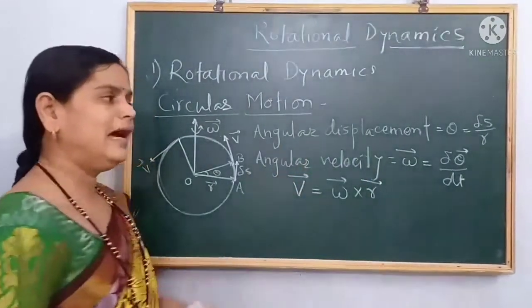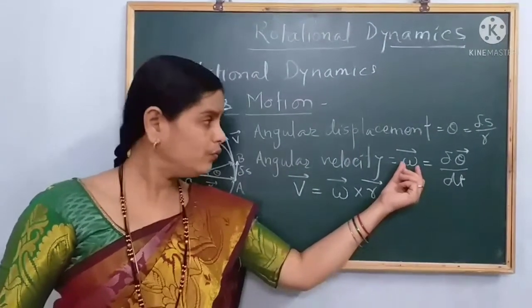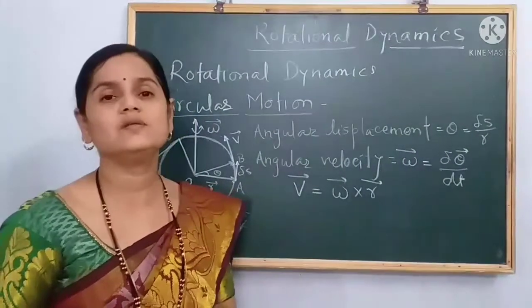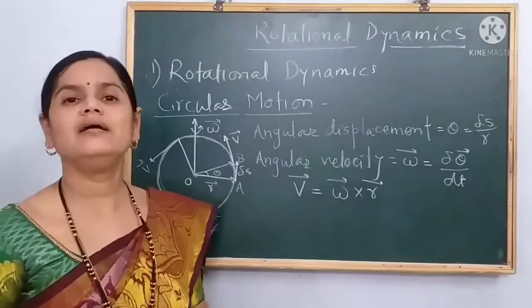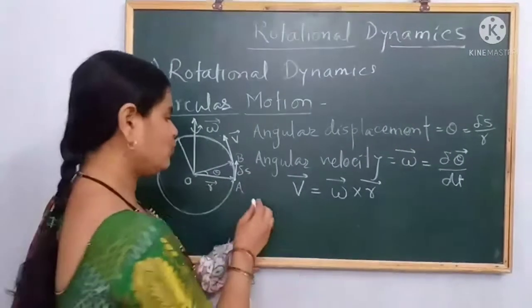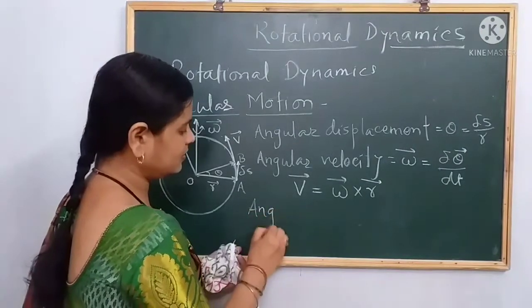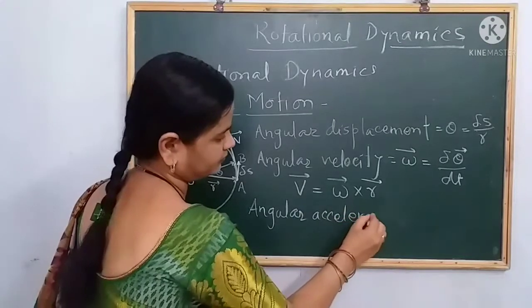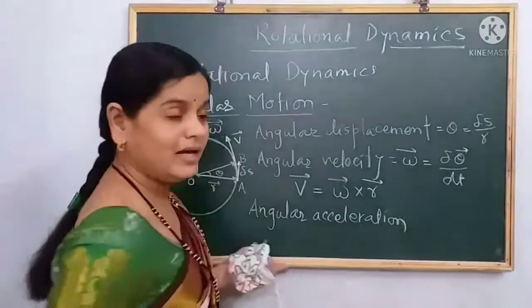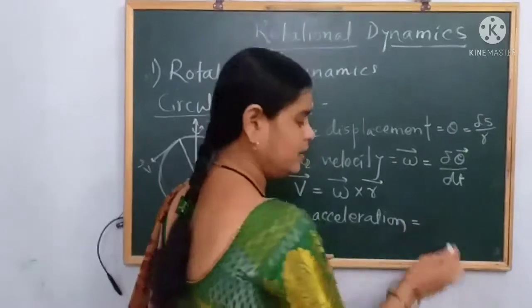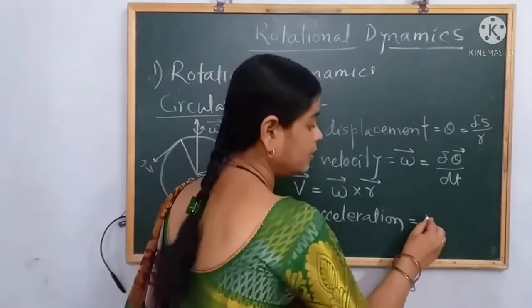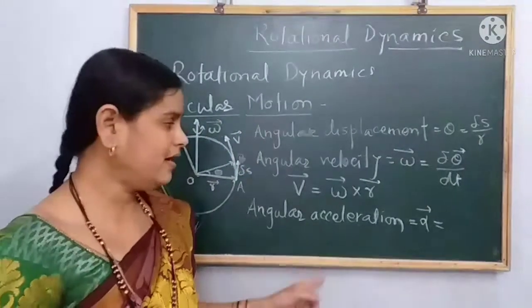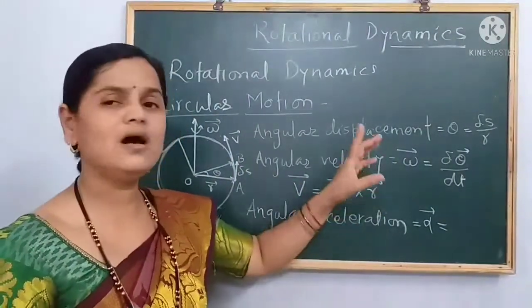Now furthermore, when the particle has angular velocity omega, it means it possesses obviously angular acceleration, right? So what is about the angular acceleration? Angular acceleration, about which we have again studied, is nothing but denoted by vector alpha, which is the rate of change of angular velocity.